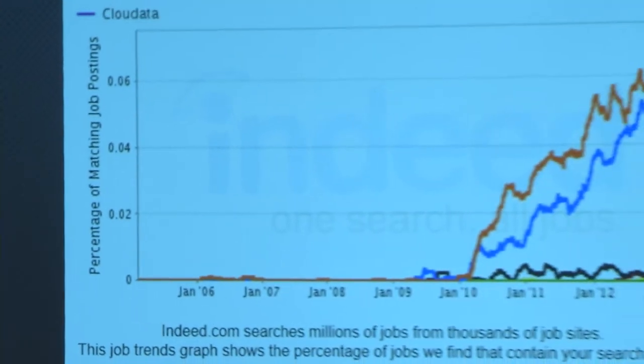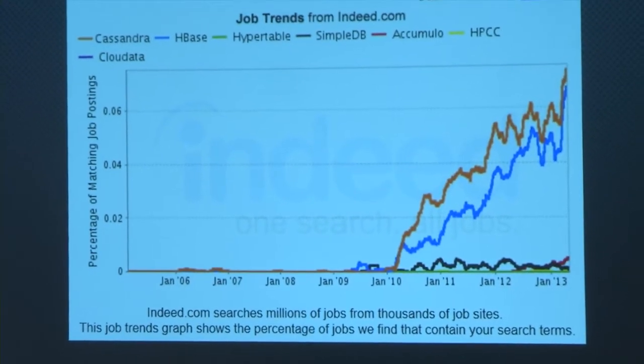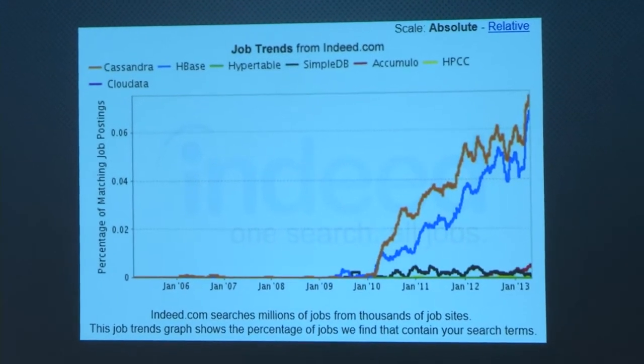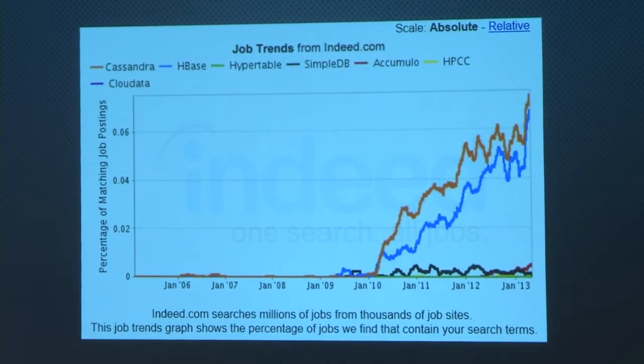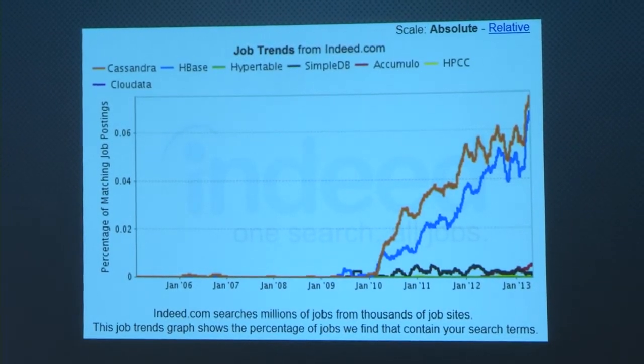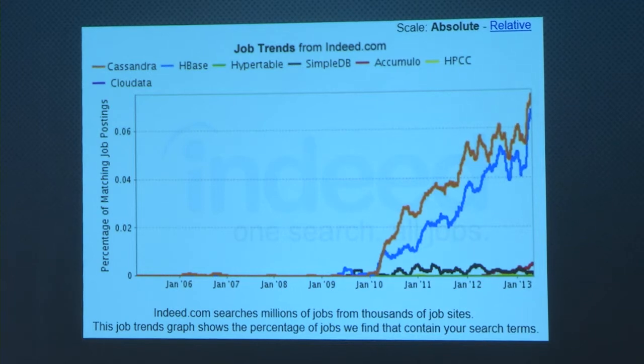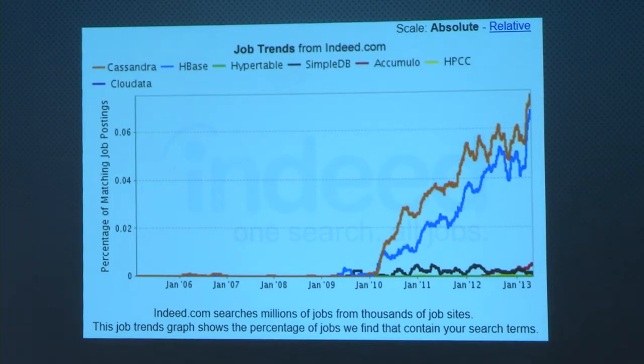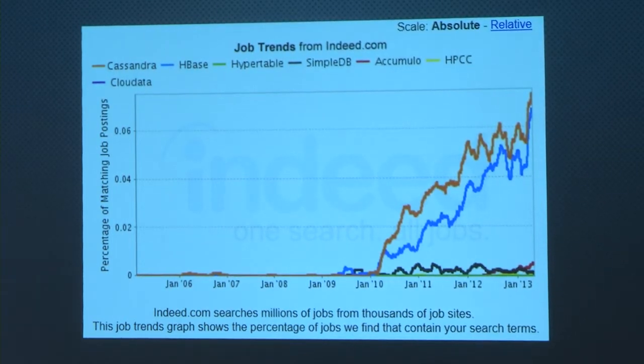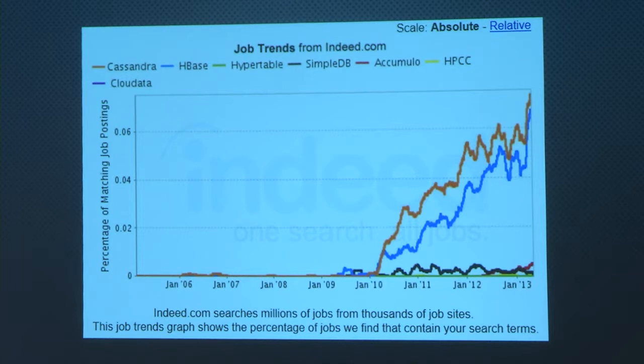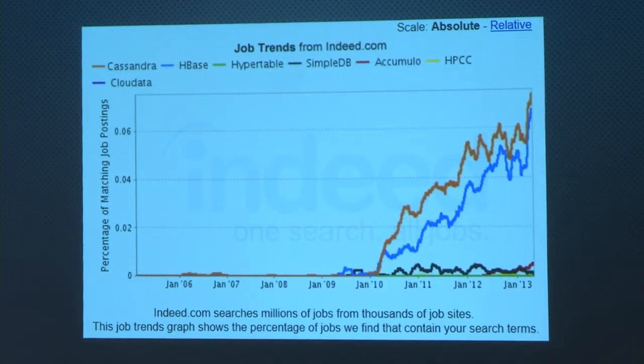So this is Indeed.com. It's a job posting website, kind of like Monster or Career Builder. And I typed in a bunch of column family databases here. We can see very clearly that if you pick Accumulo or HPCC or Hypertable, you're going to be in a very small club, right? If you pick HBase or Cassandra, the orange is Cassandra and blue is HBase, you can see that they're really getting adopted and they're really close to each other.